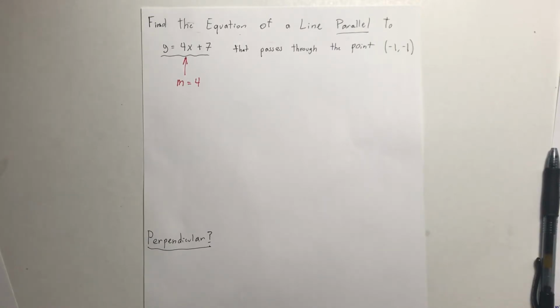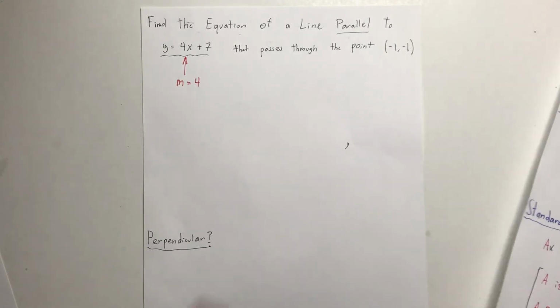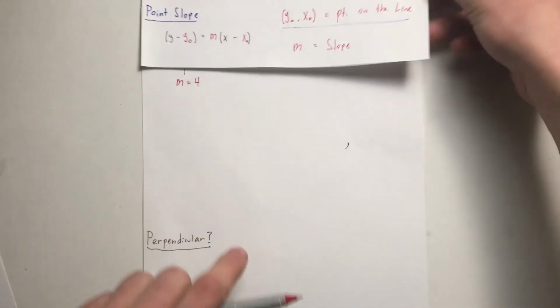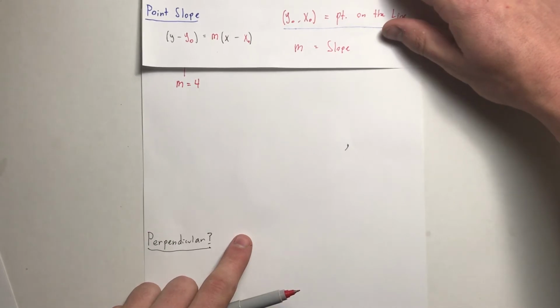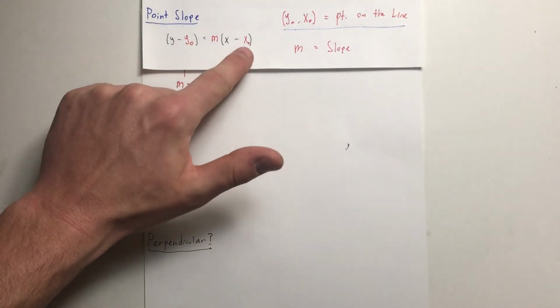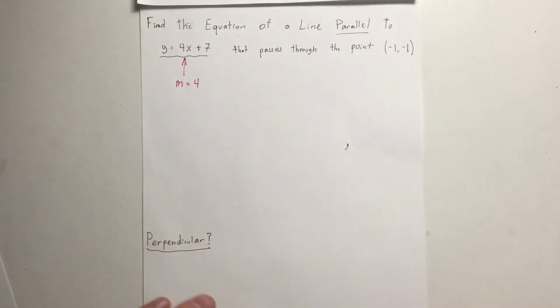For the sake of time, I'm going to just do point slope form for these two examples, and then you can go back to the earlier videos if you're confused on how to get the other two forms of the line. So we know point slope form right here. We need a point, right? And then we need a slope. So we know what our slope is, and then in the problem we're given the point.